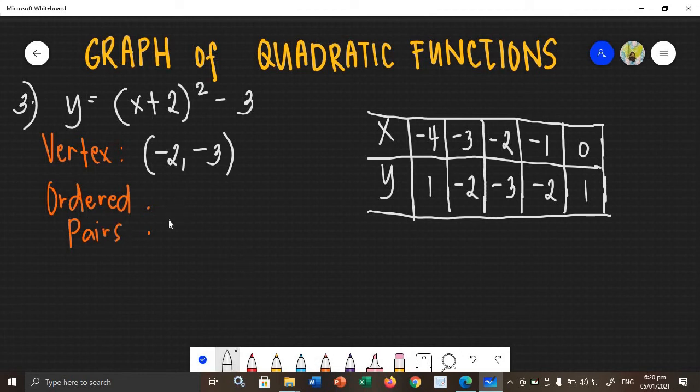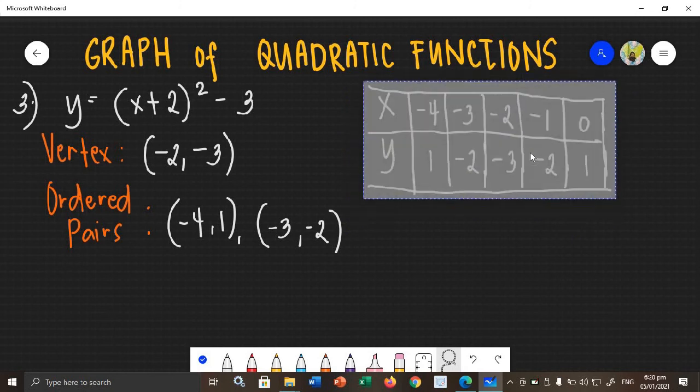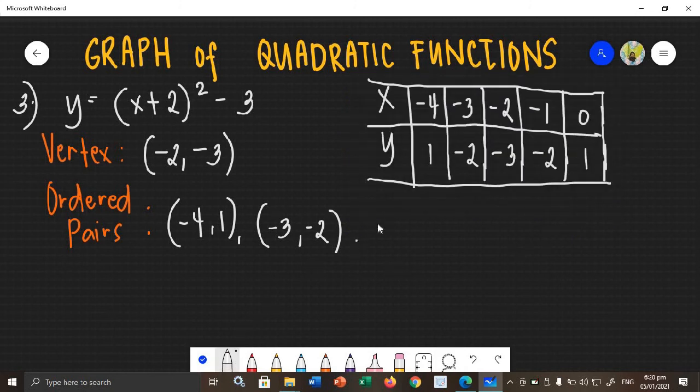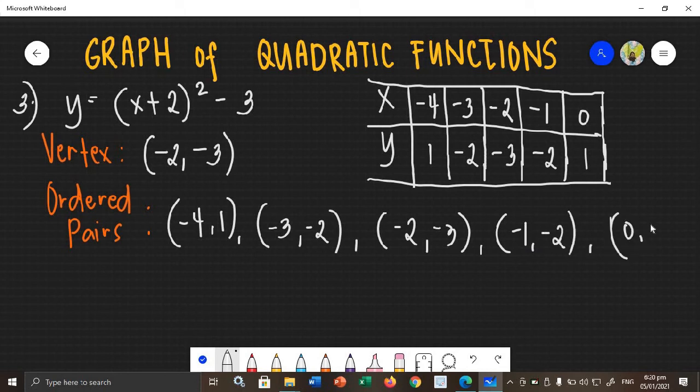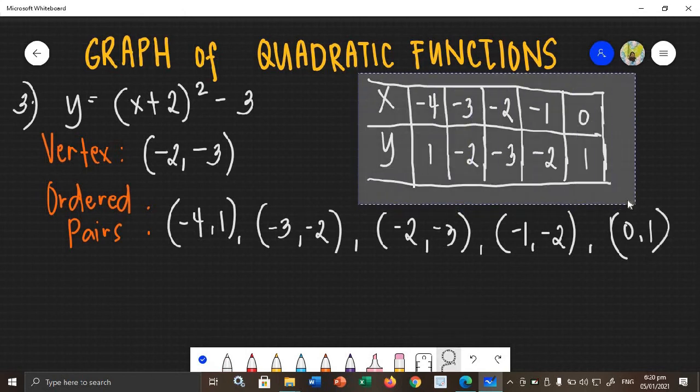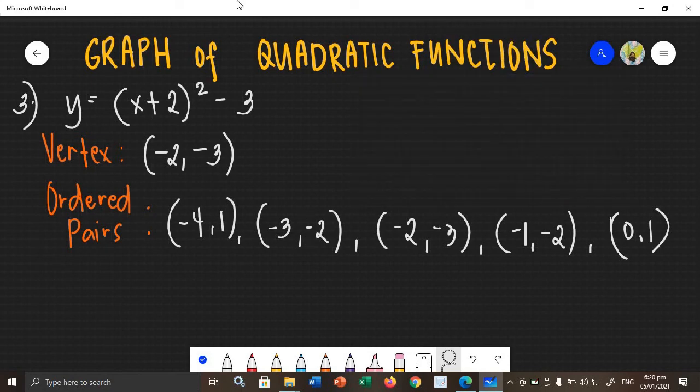So, the ordered pairs, the first one is -4 and 1. The second one is -3 and -2. And the third one is -2 and -3, the vertex. Fourth one, -1, -2. And then last is 0, and then we have 1. So, these are the ordered pairs that we are going to use to graph the given function.